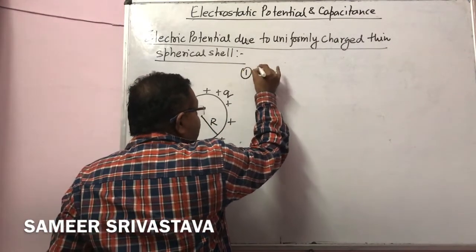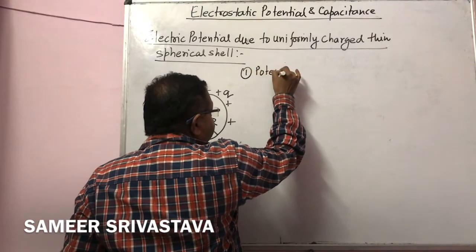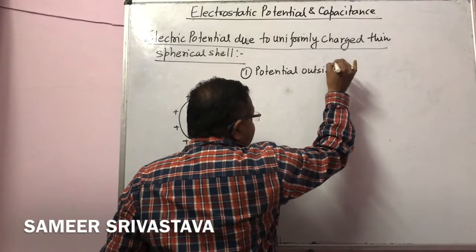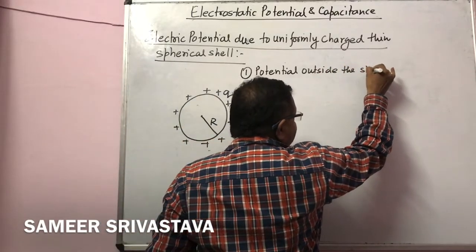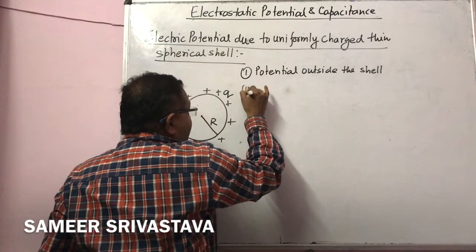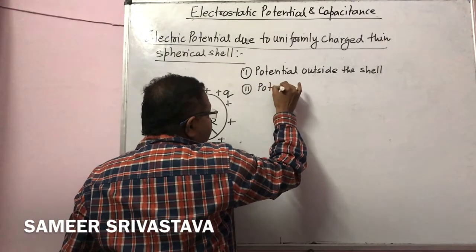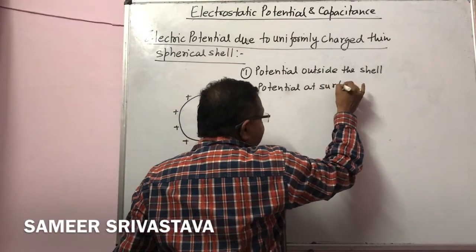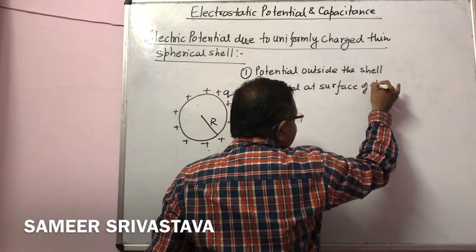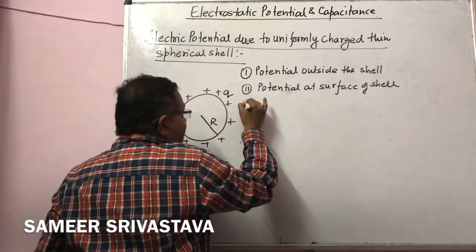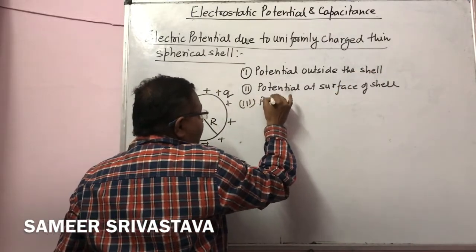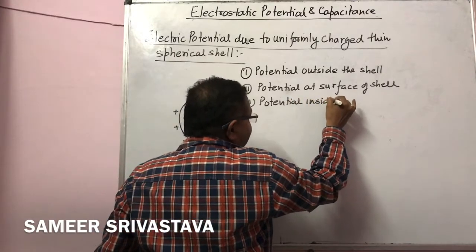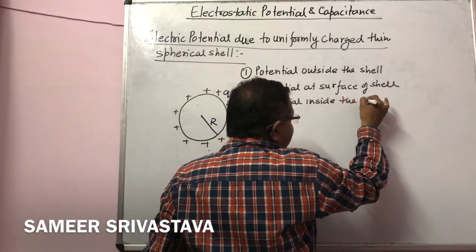The first is potential outside the shell, the second is potential at the surface of the shell, as well as the third case, potential inside the shell.